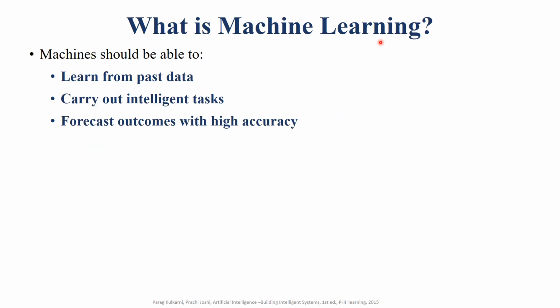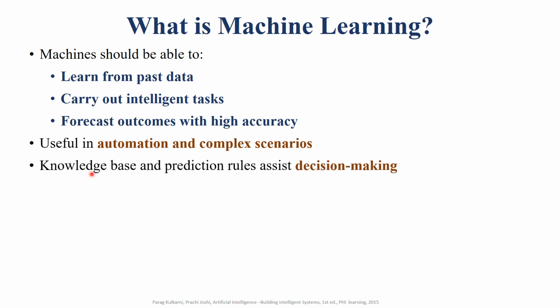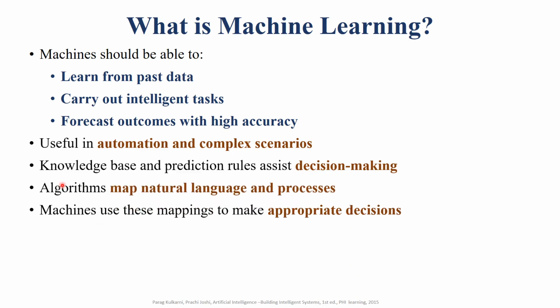What is machine learning? Machines should be able to learn from the past data, carry out intelligent tasks, and forecast outcomes with high accuracy, and thereby it is useful in automation and complex scenarios. This knowledge base and prediction rules help in the decision making process.